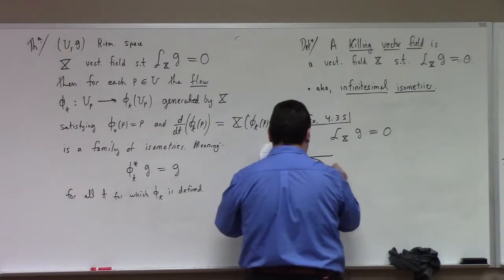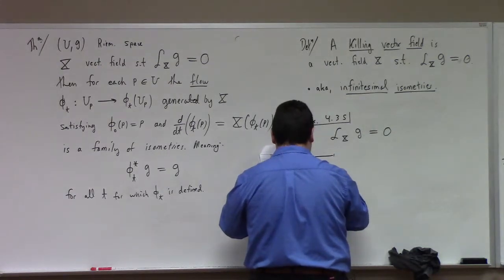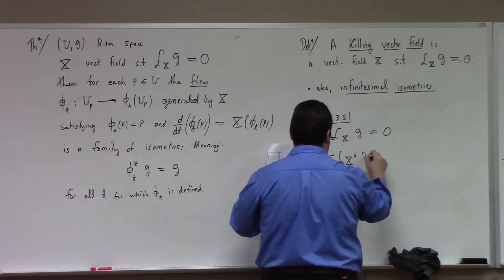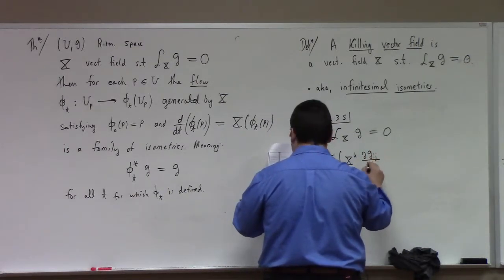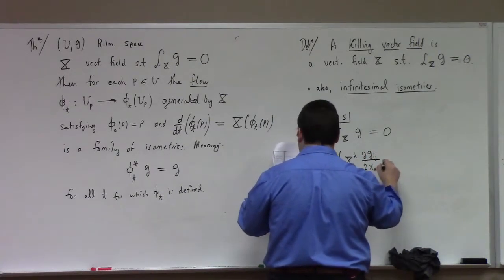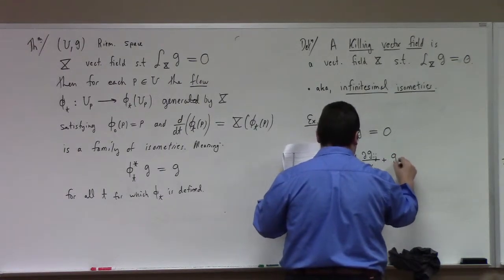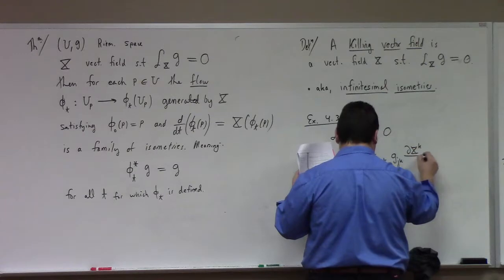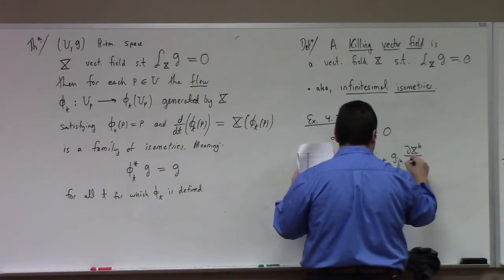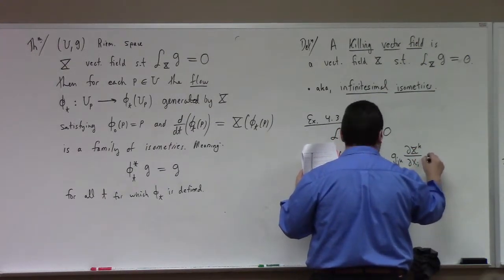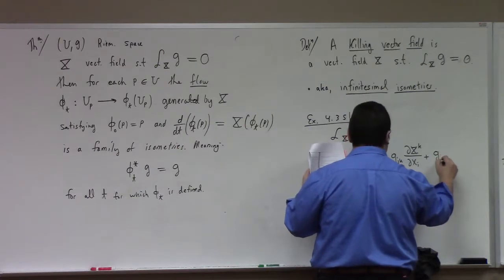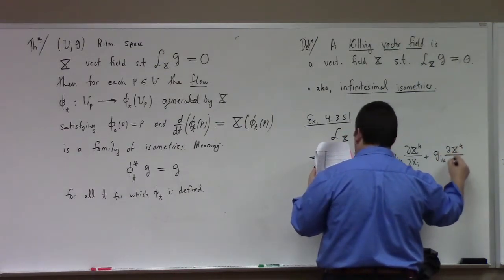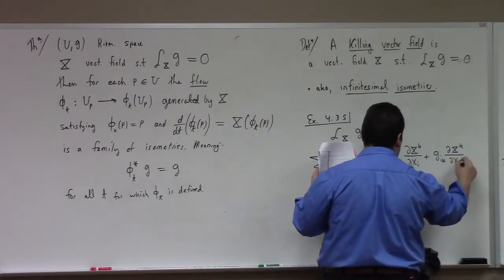This works out to the sum, k equals 1 to n, of x upper k partial g_ij partial x_k plus g_jk partial x_k partial x_i plus g_ik partial x_k partial x_j.